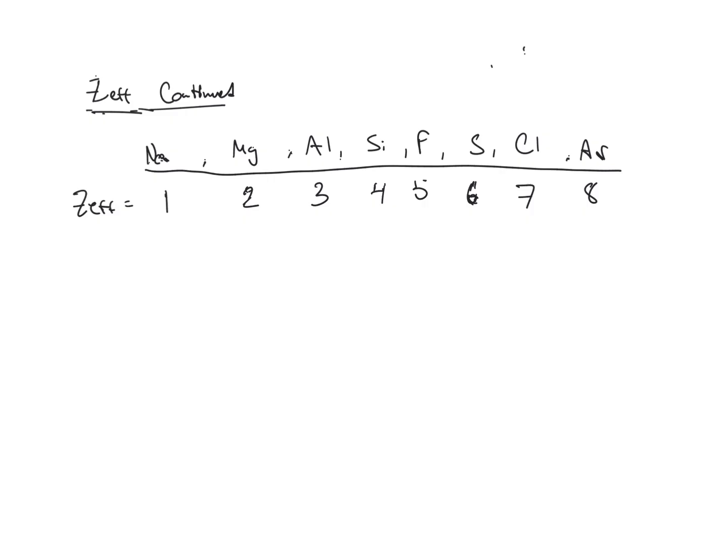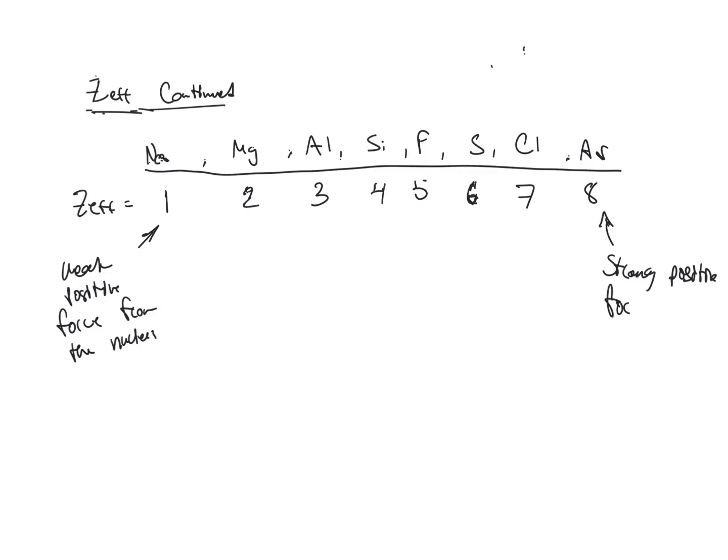What this is telling us is that sodium feels a weak positive force from the nucleus, and argon feels a strong positive force from the nucleus. We're going to see in the next couple slides how Zeff plays a role in all of our different periodic trends that we're going to be talking about.